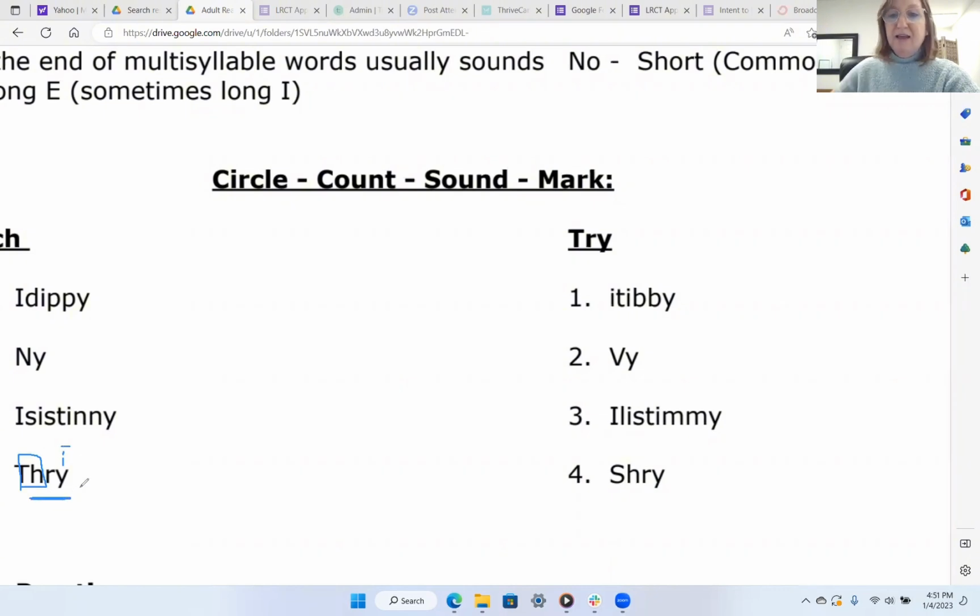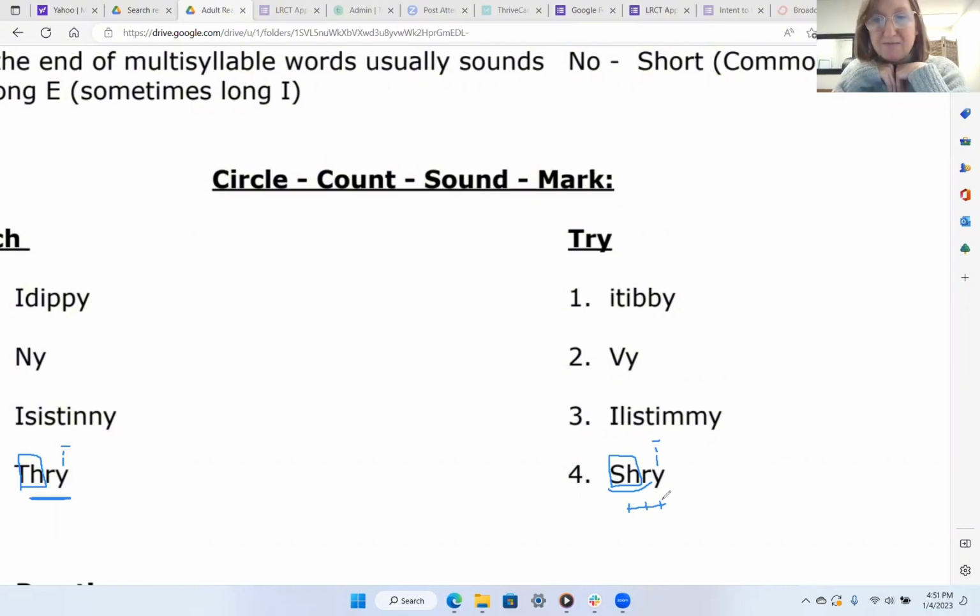Thry. What would yours be? Here's your digraph, here's your blend. When you pencil read it, it's try. Not easy to say, not easy to articulate with that R in the middle.